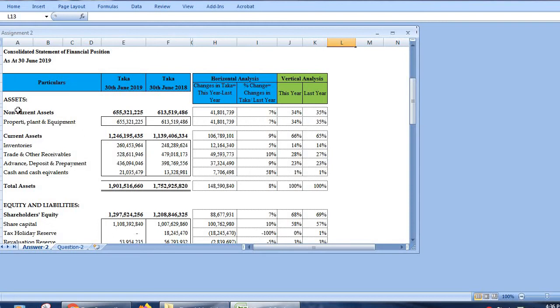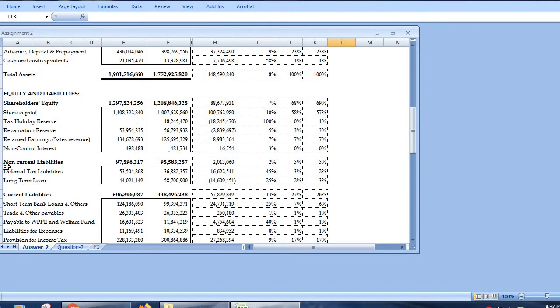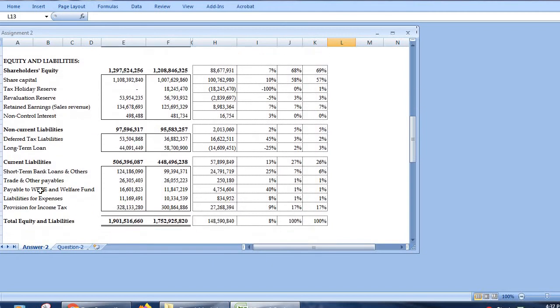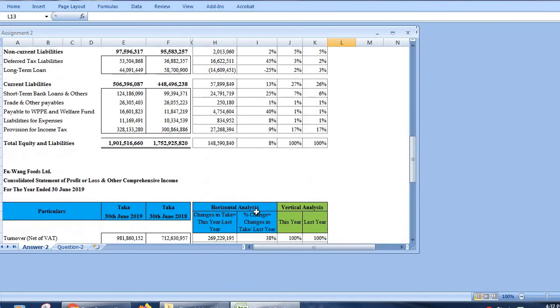We can see that non-current assets, property, plant and equipment changed 7%, and current assets and total assets 8%. In equity and liabilities, shareholders' equity is 3%, non-current liabilities 2%, current liabilities 45%, 30%, and 9%. Total equity and liabilities is 8%.